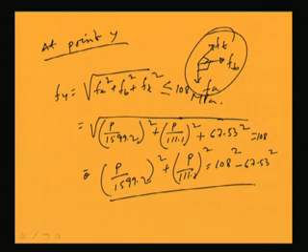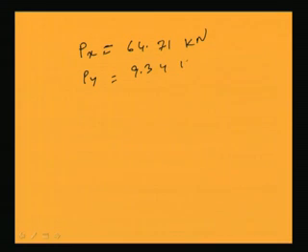So, from this I can find out P as 9341 Newton, that means 9.34 kilonewton. So, at point x we are getting the value, say Px, as 64.71 kilonewton, and at point y the maximum load that can be taken is 9.34 kilonewton.